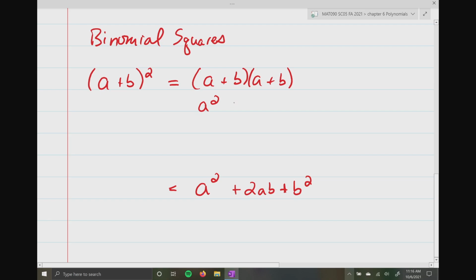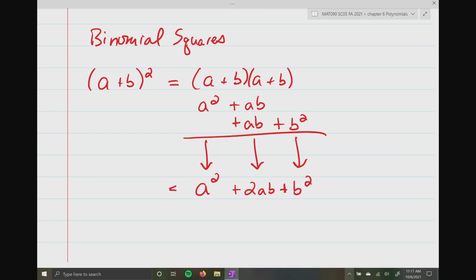A times b is plus ab. Now we're going to distribute the b. B times a is the same thing as a times b. And b times b is b squared. So when you add these together, you get a squared plus 2ab plus b squared. Does that make sense, everyone?